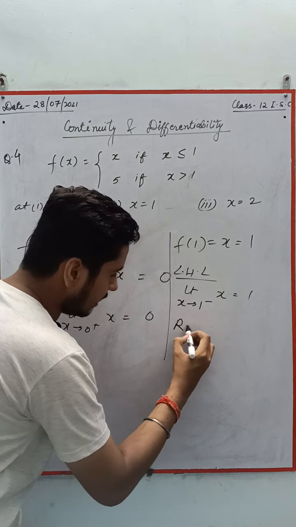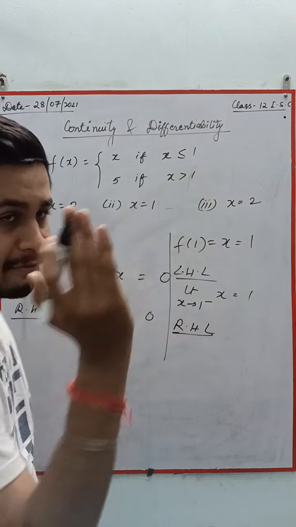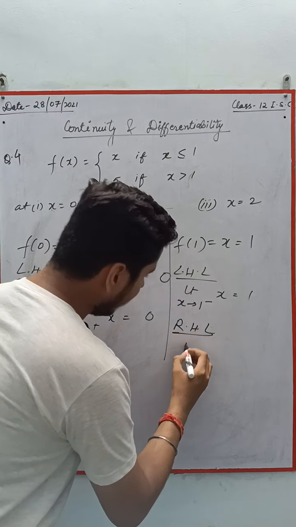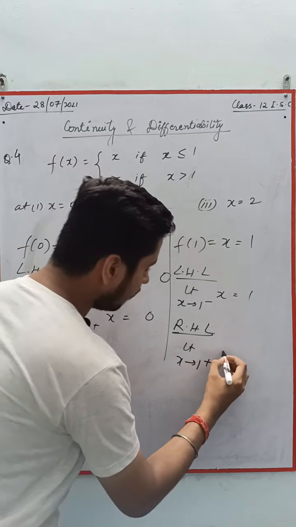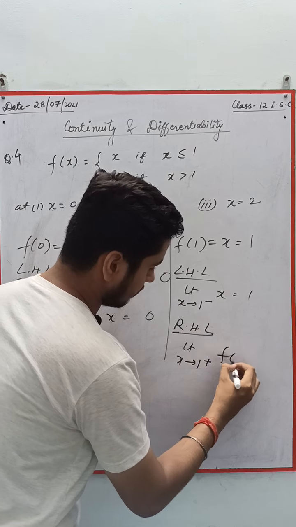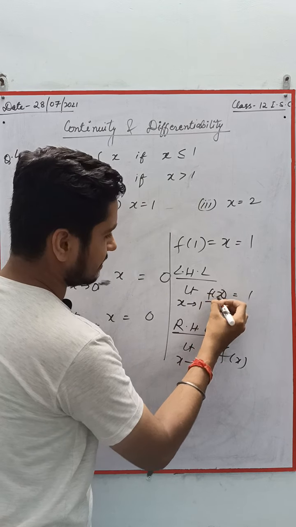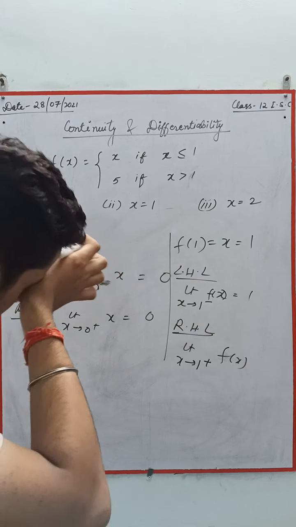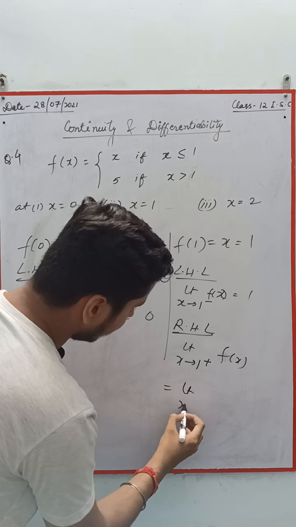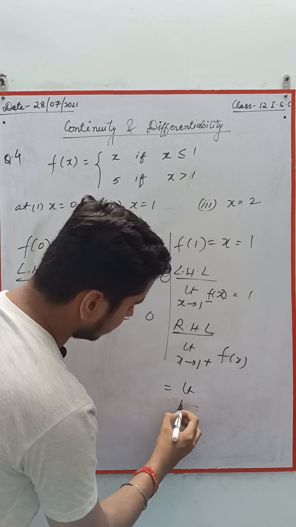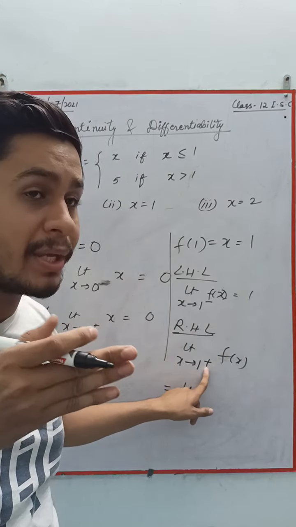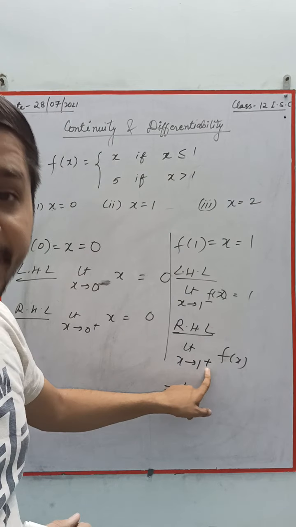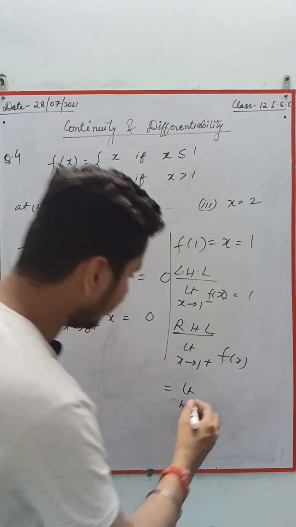Now for RHL, have a look. Limit x tends to 1 plus of f(x). I'm directly writing limit h tends to 0. 1 plus means we are going to the right hand side, so it is greater than 1, because 1 plus h will be the case.